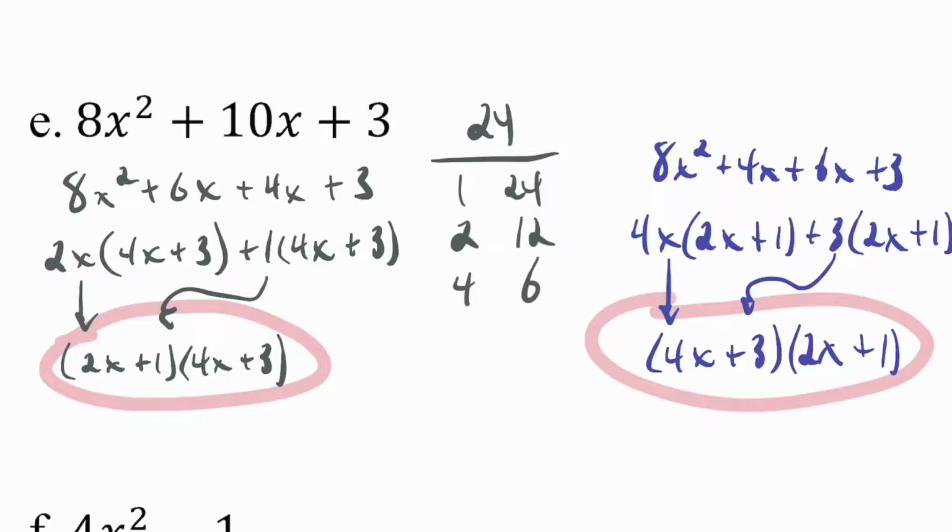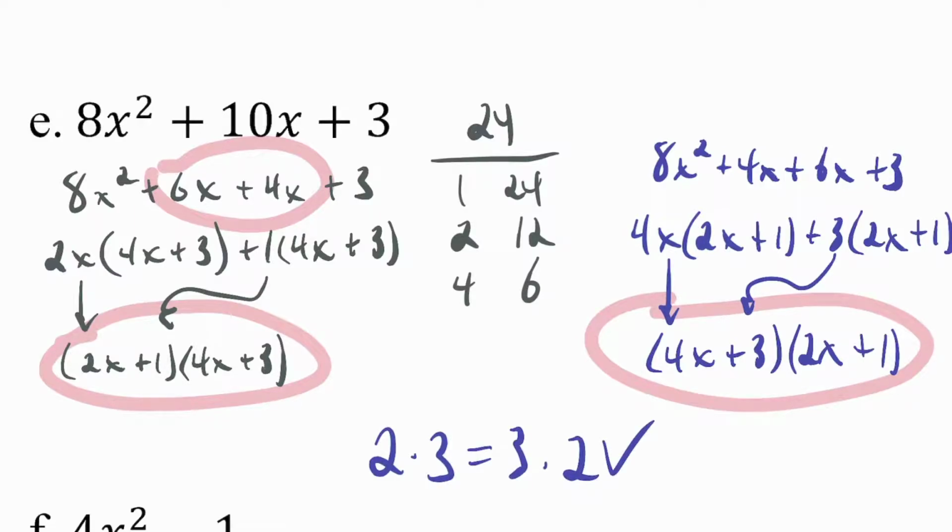When you switch the order of the terms, when you break apart the middle term, the choice of what order you write them in only affects the order of the factors at the end. And when you have two things that are multiplied, the order doesn't matter. So 2 times 3 and 3 times 2 are the same thing, right? 2 times 3 equals 3 times 2. That's the commutative property of multiplication.